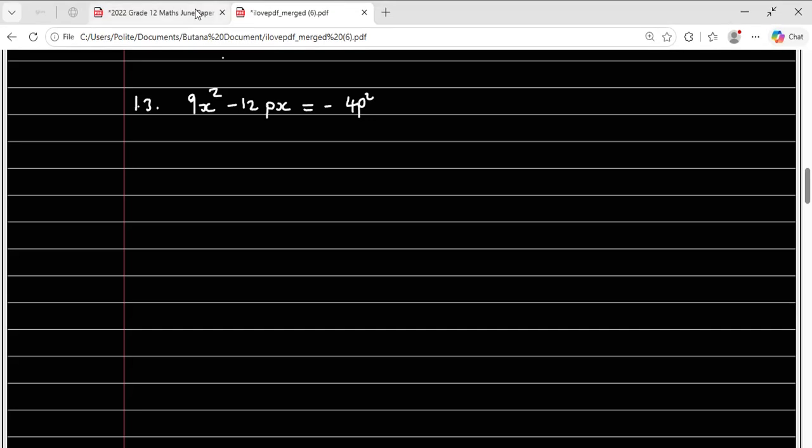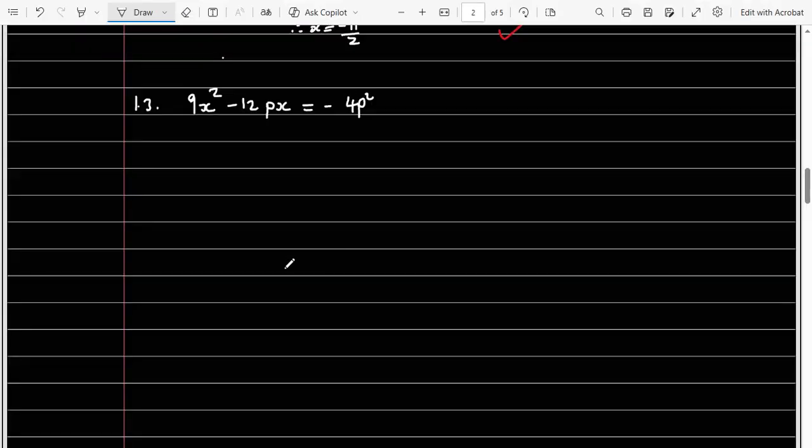For equal roots, the discriminant should be equal to 0. So before you do the discriminant, you need to take that equation and put it in standard form.